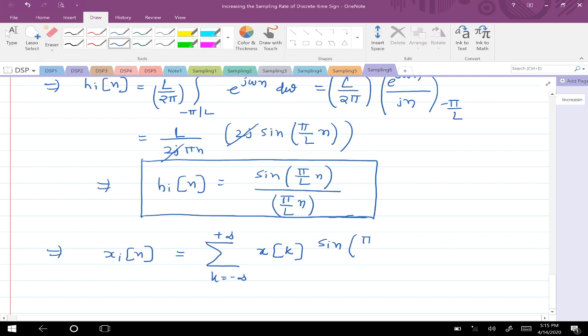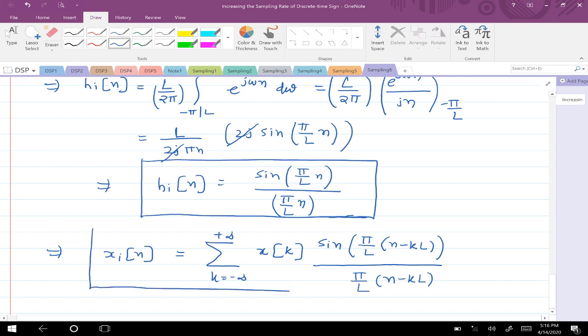Sine of pi by L into n minus kL, okay? Same is the case in the denominator, pi by L into n minus kL, right? That's all.